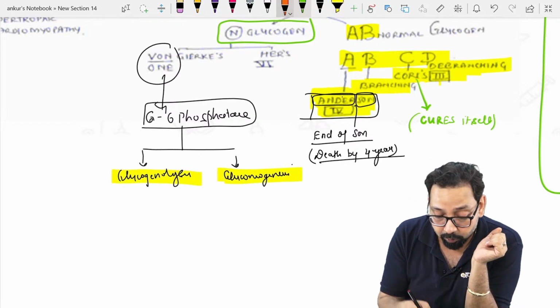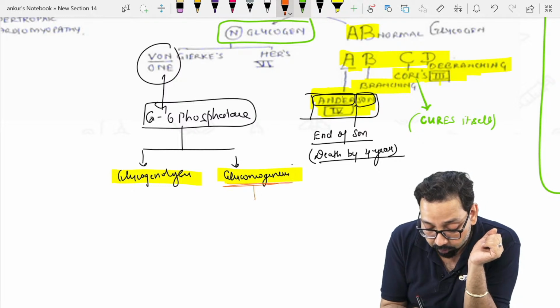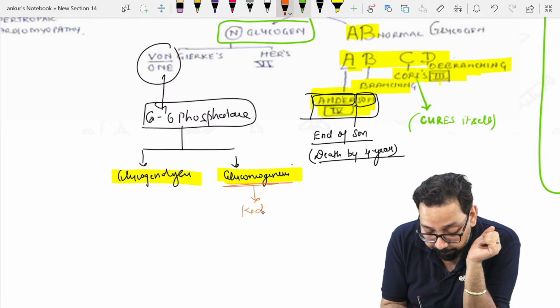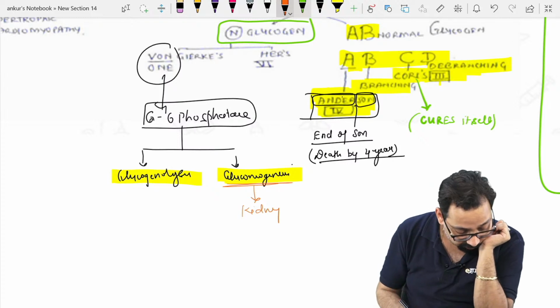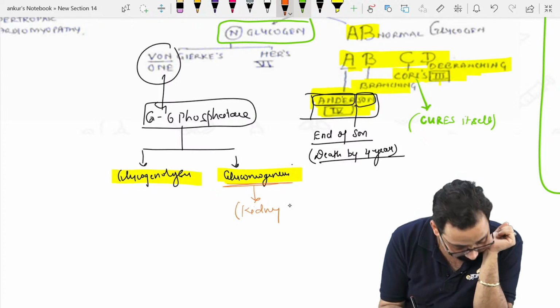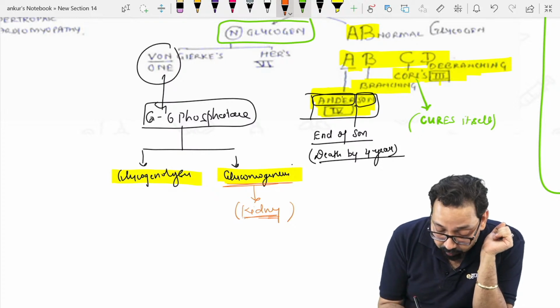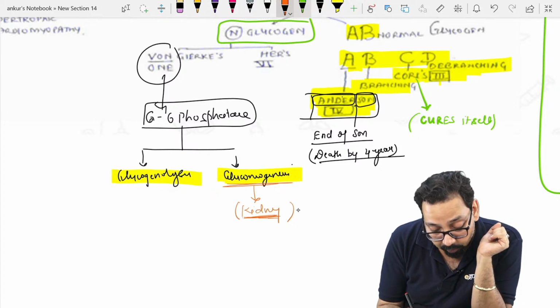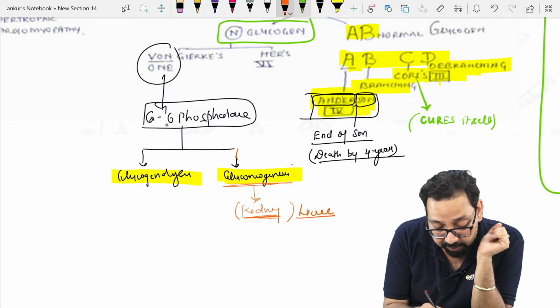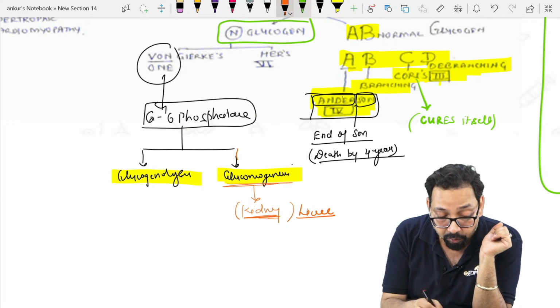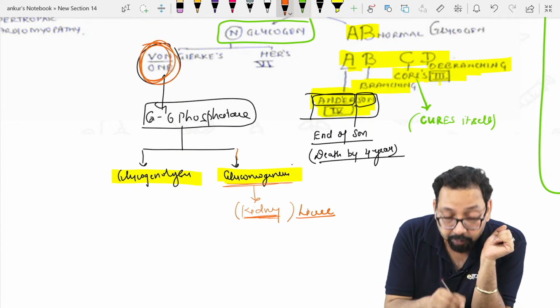And you all know gluconeogenesis also occurs in the kidney. Questions are asked on this. In the kidney and liver gluconeogenesis occurs, and the last step is catalyzed by glucose 6 phosphatase. So in von Gierke's disease, what will happen?